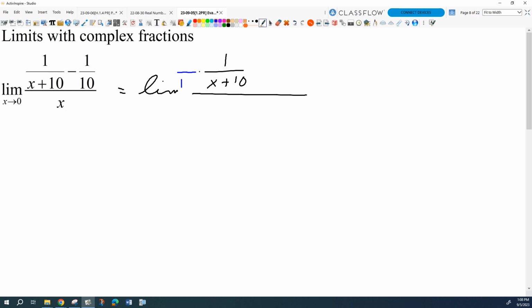Good. So I'm going to multiply both the top and the bottom by 10 minus, now the second one, I've got a 1 over 10. What am I going to multiply top and bottom by there? x plus 10.